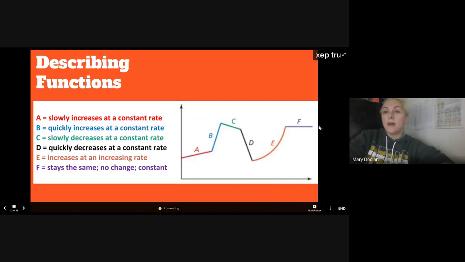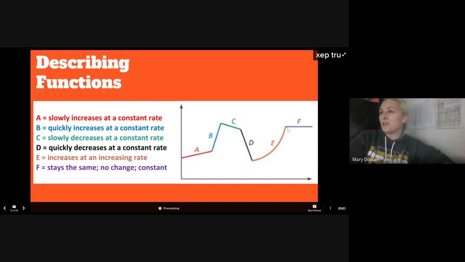If that makes sense. And then the last section you have with a little picture is the purple section F. It's flat, it's horizontal. If you remember about slope, when you have a line that's flat or horizontal, the slope is 0. Okay, it's staying the same. There is no change, but it is constant. It's constantly being the same over time.